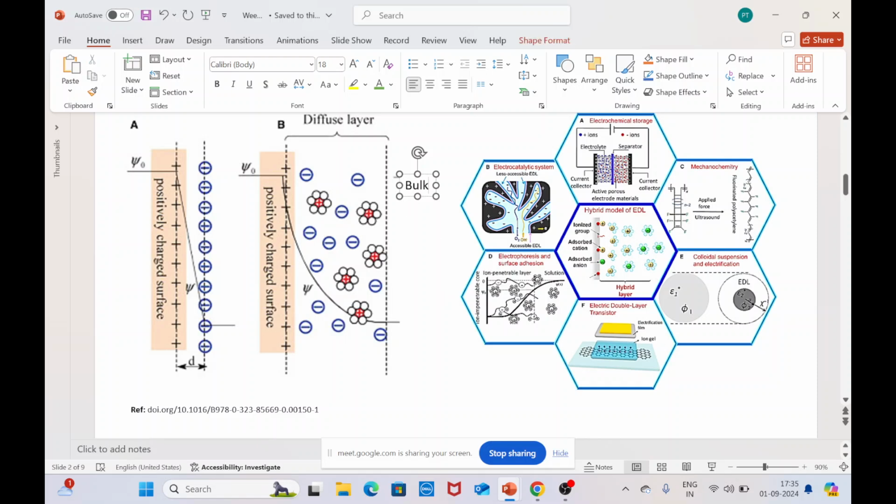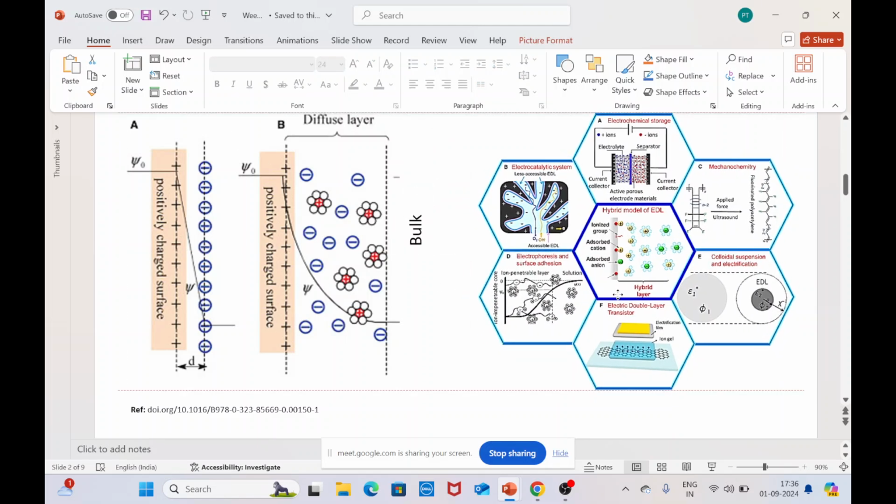So this is your bulk, and the concentration at the bulk can be expressed as Ni infinity.